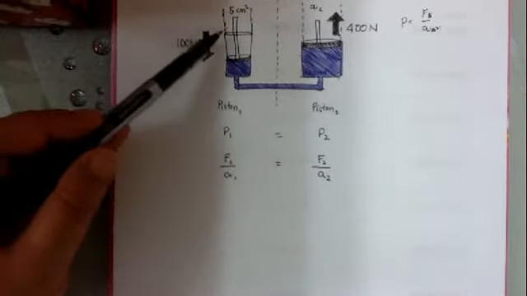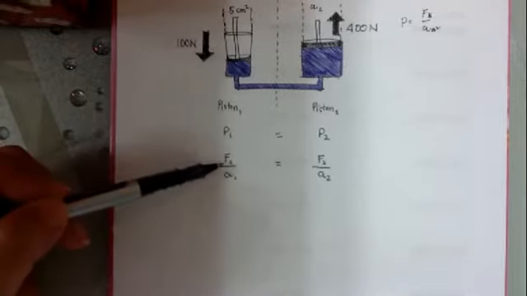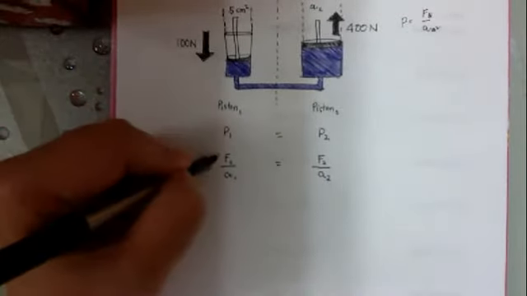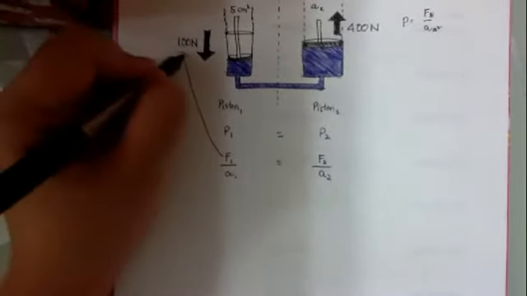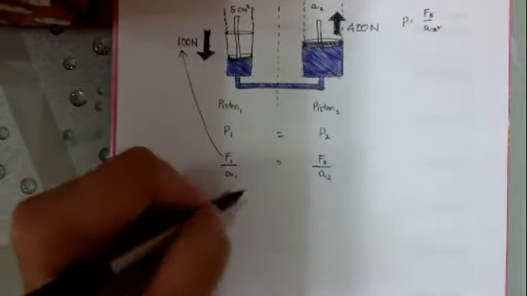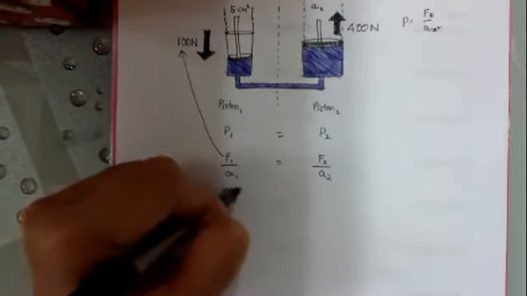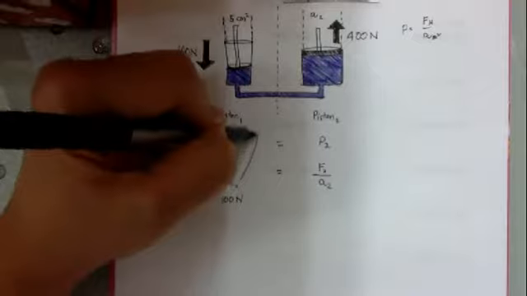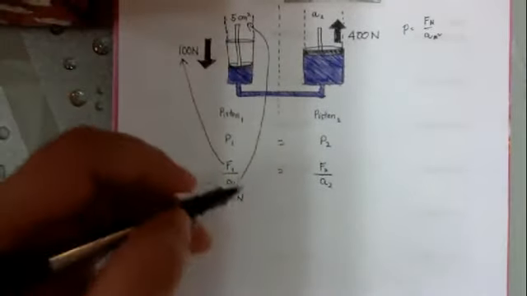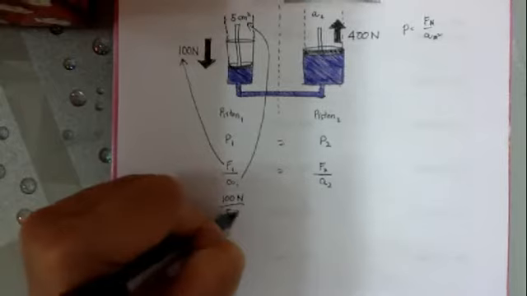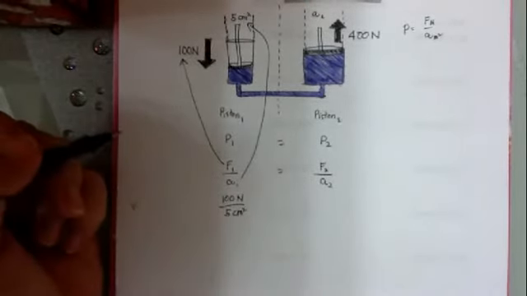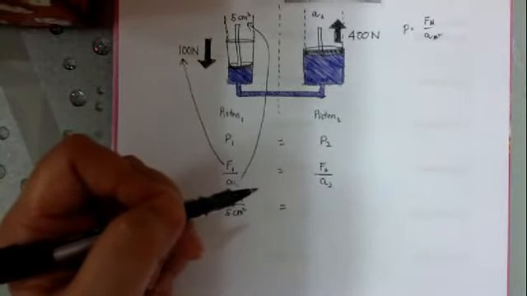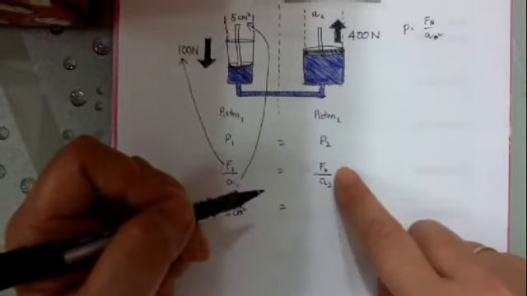So for piston 1, do you know what the force is? Yes, the force is 100 newtons, so plug that in. Do we know the area? Yes, the area of piston 1 is 5 cm squared. And this is equal to the pressure of piston 2. Now, do we know the force?